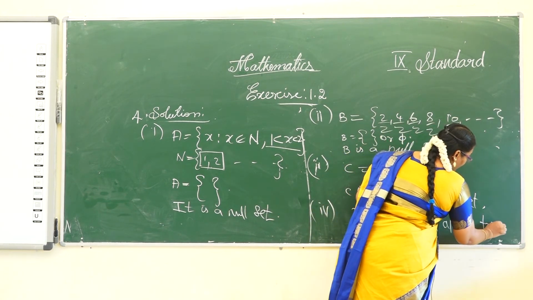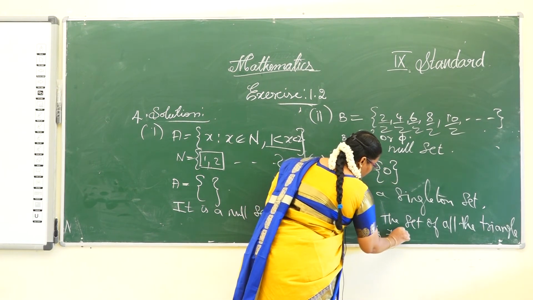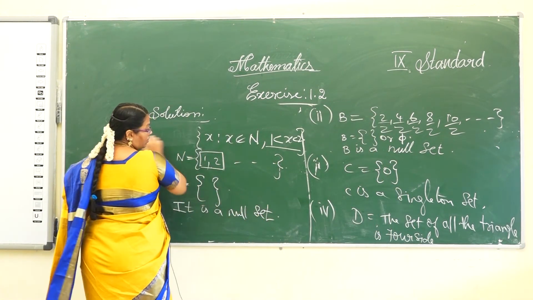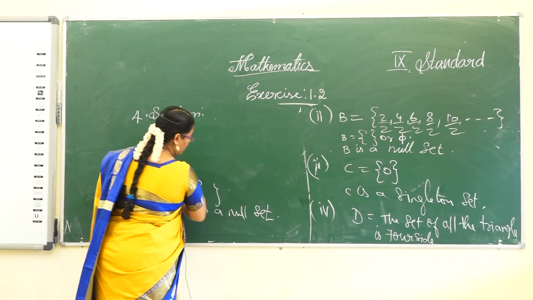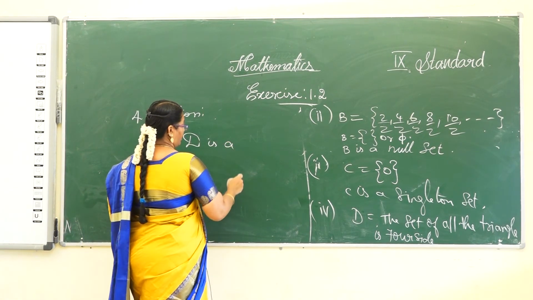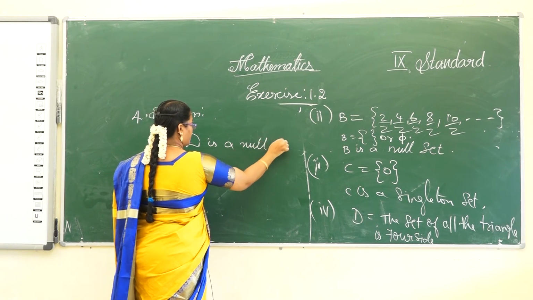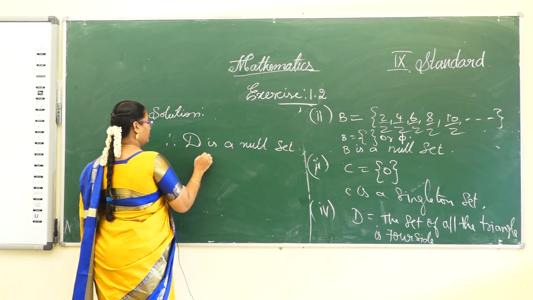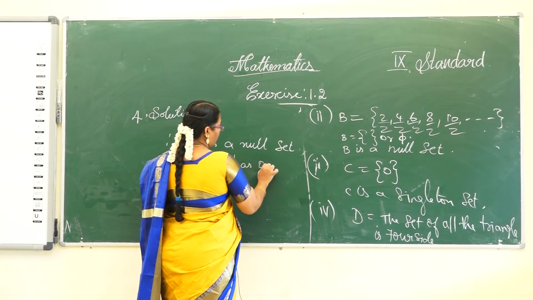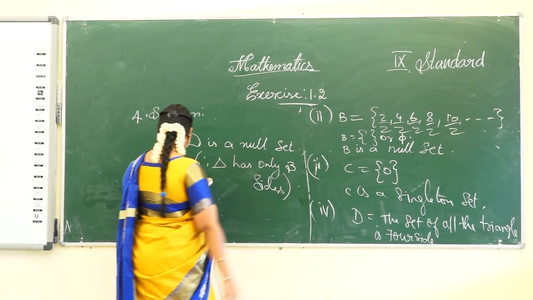Therefore D is a null set. Reason: a triangle has only 3 sides. That is the reason. Okay.